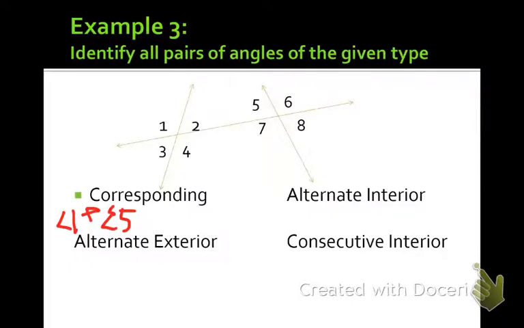Give me another. There's 3 more pairs. Kayla: 6 and 2. Angle 2 and angle 6. Chapman: 3 and 7. Angle 3 and 7. There's one more. Angle 4 and what? Eva: 8. Yeah, angle 4 and angle 8.